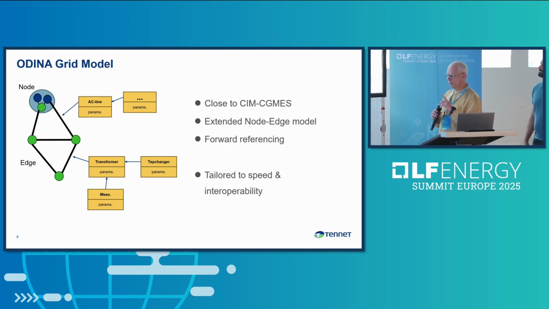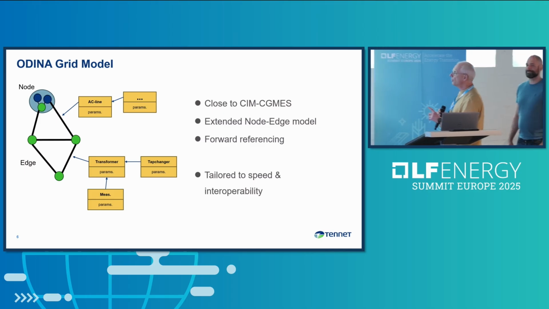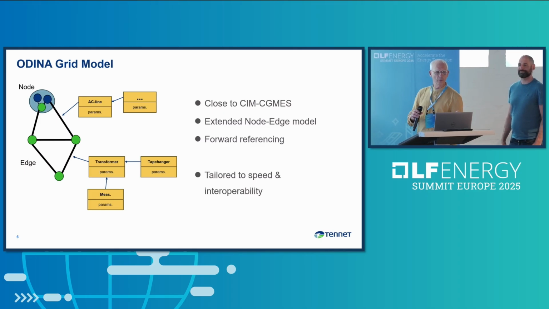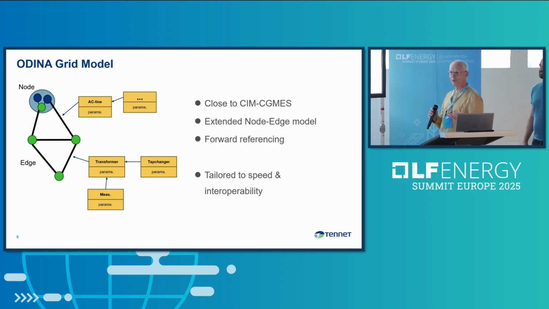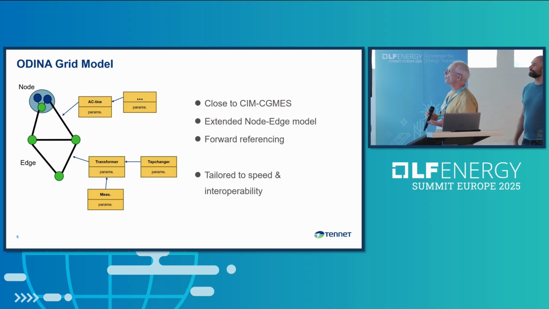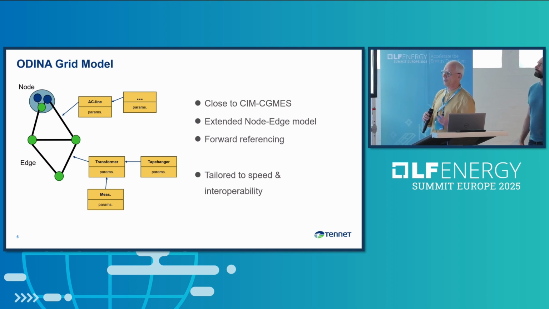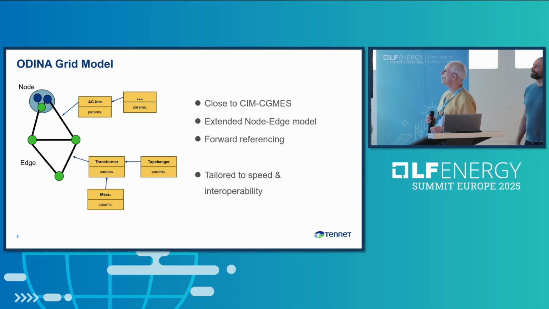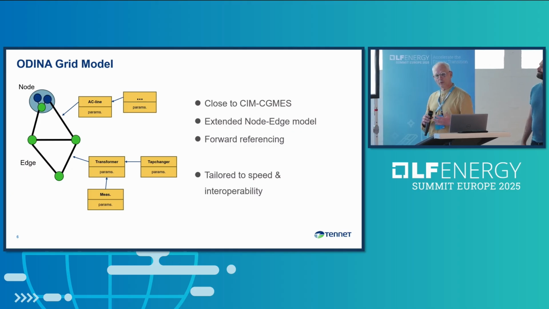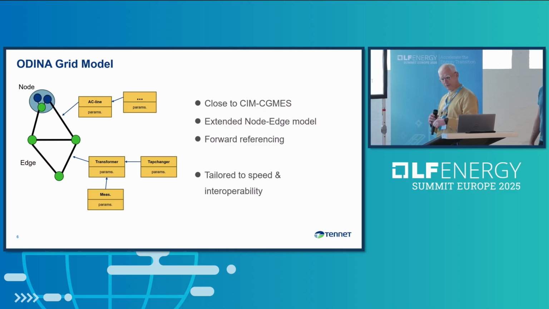So the first thing that we were thinking about is, if we want to create a new package, we need a grid model. We were thinking about this for a few months because we wanted a grid model that was not only very versatile, but also very fast and would connect to SIMGMS very easily. Now, if you want to have a fast network model for fast calculations, you want to have a simple model, like a simple node edge model. But if you want to do more detailed analysis, you want to have a detailed model.